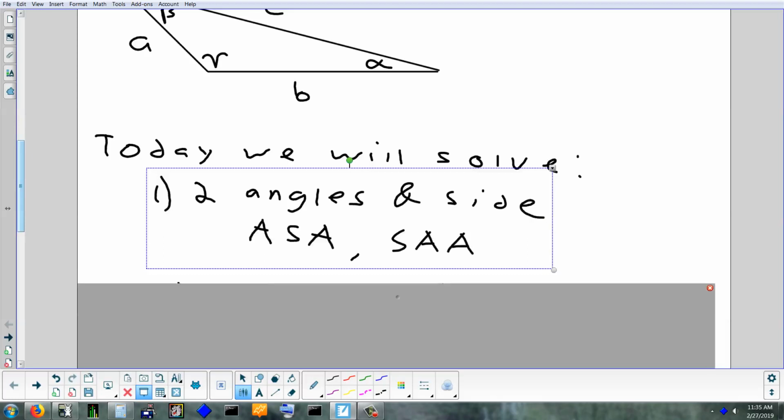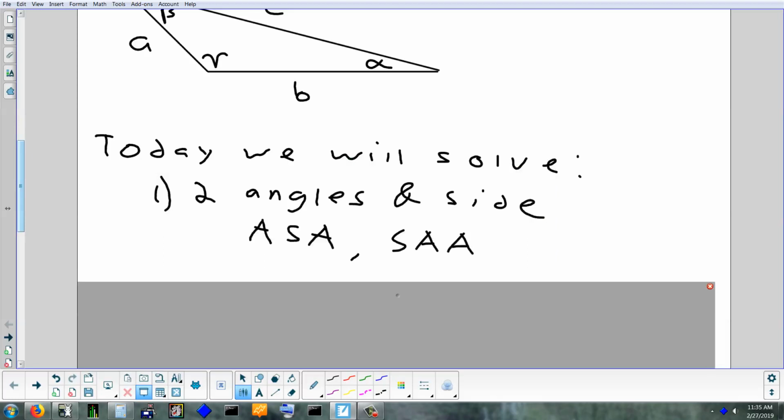Now, if I give you 2 angles and a side, there's 2 ways I can do it. And by ways I can do it, it just means where the angles are that I give you. I can give you 2 angles and a side like this. Say I gave you angle, angle, side.